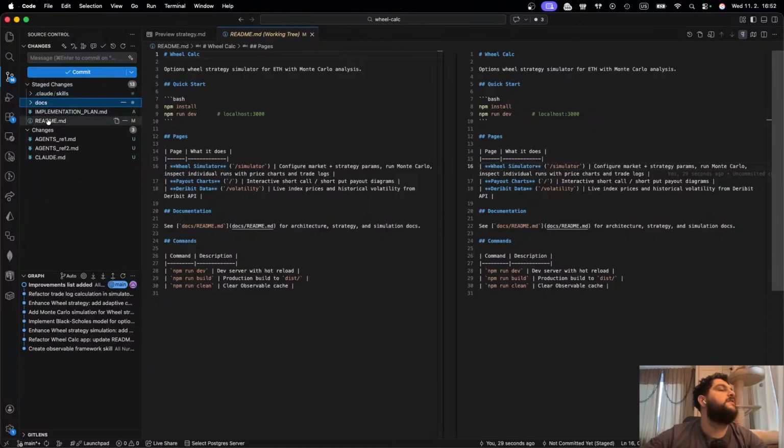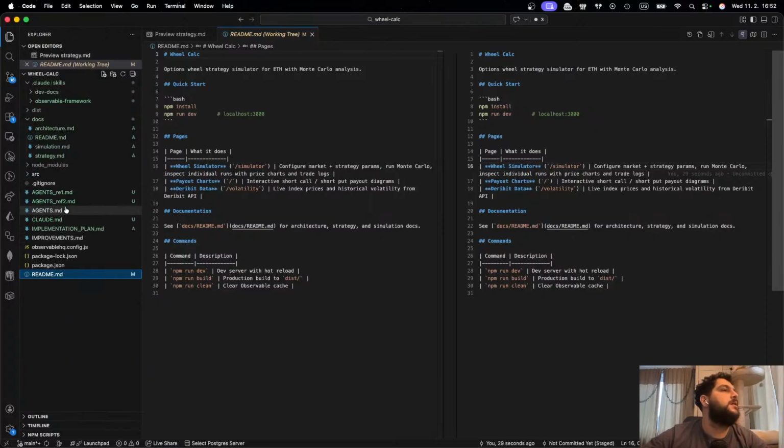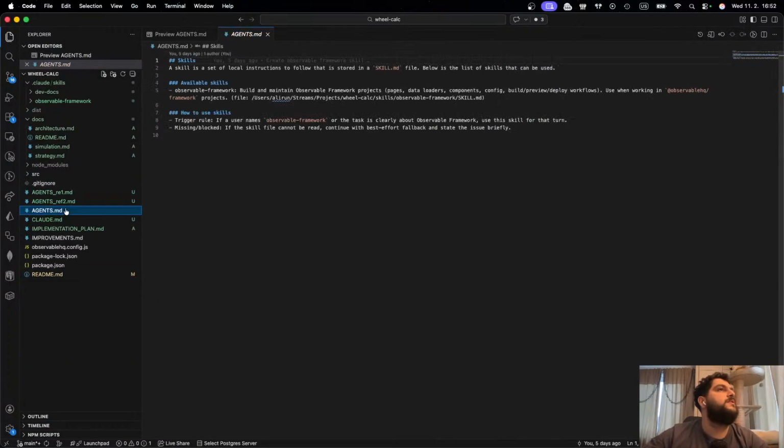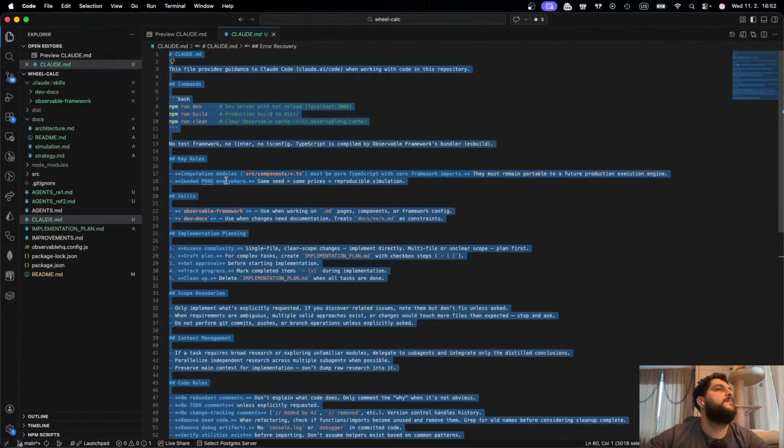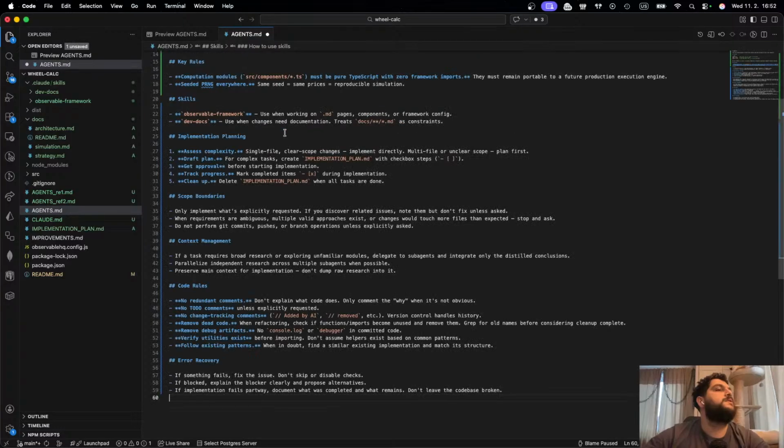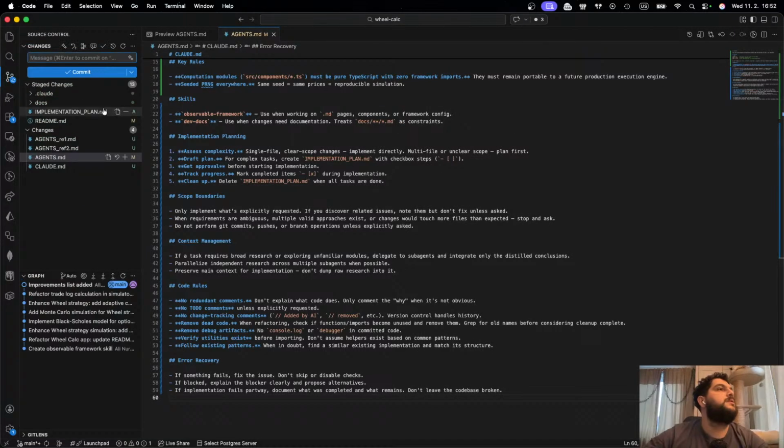Basic docs, everything. We have the plan, we have the readme. What we need to do is remove these agents, or we can just put all the contents here to agents because it's more commonly used file.